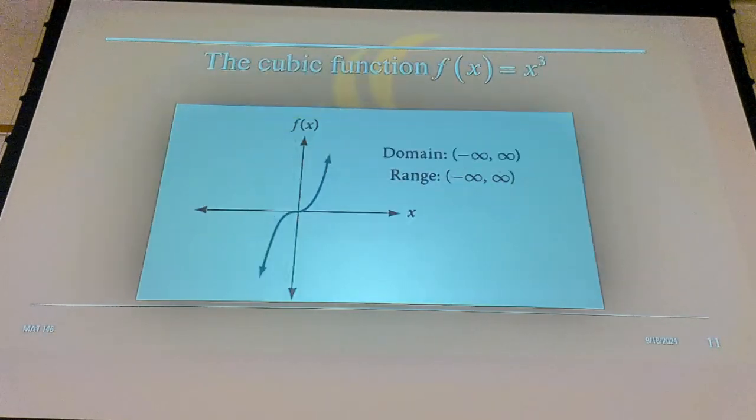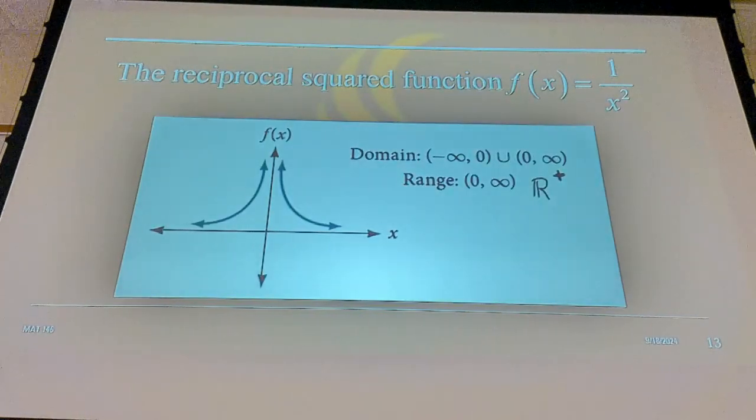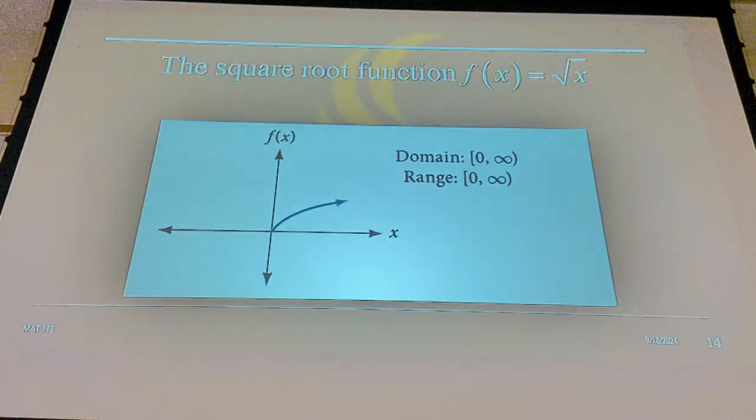Reciprocal function, 1 over x. It's odd, symmetrical about the origin. Inverse square is even. Square root, that one's neither. Cube root is odd.